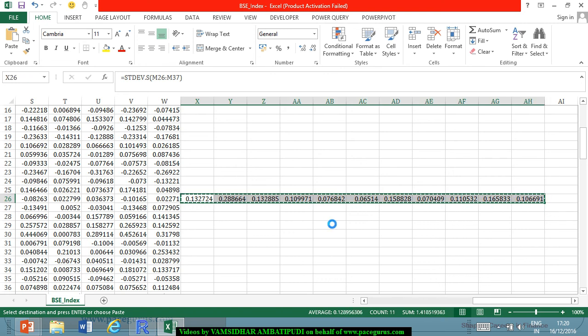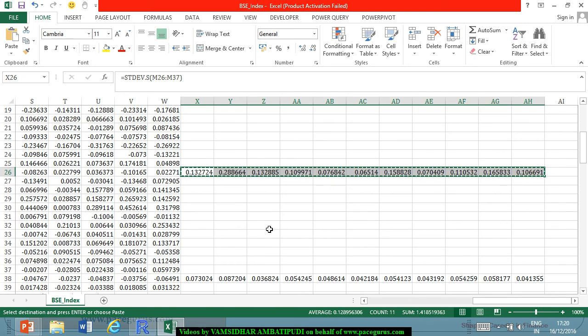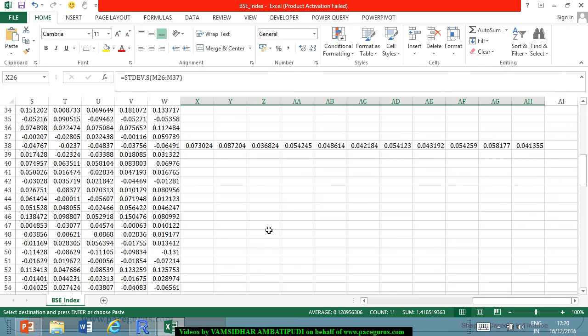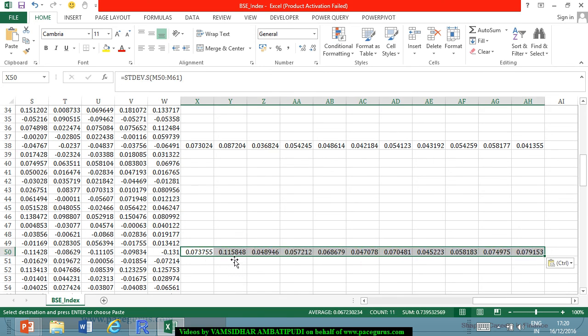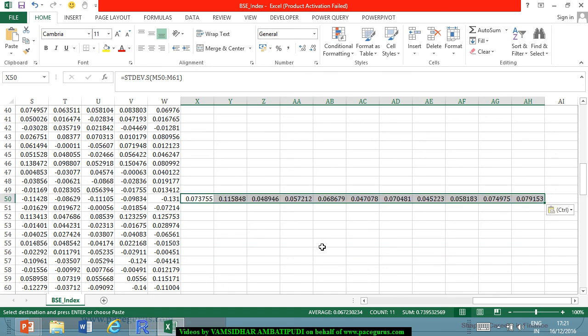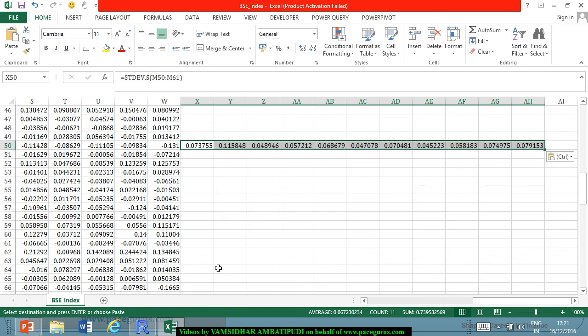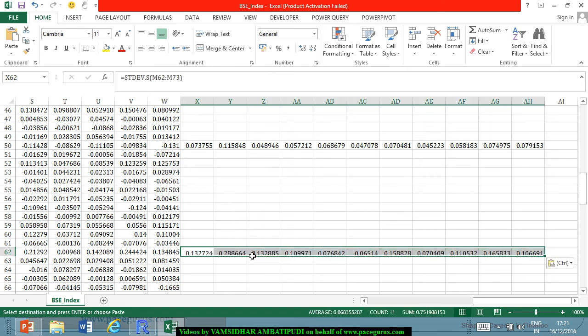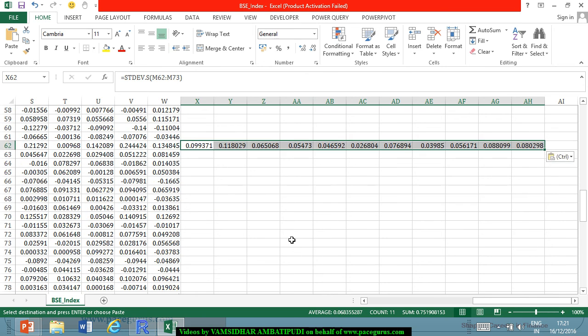Now continuing the same in 2011, the volatility is 7, 11, 4, 5, 6, 4, 7, 4, 5, 7, 7. So again there are different levels of volatility in 2011. 2012 was showing a different picture, 9, 11, 6, 5. So again the volatilities are different in 2012.